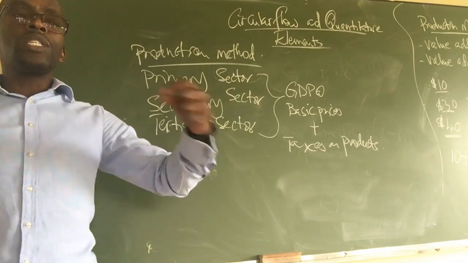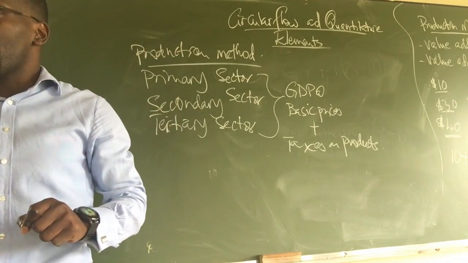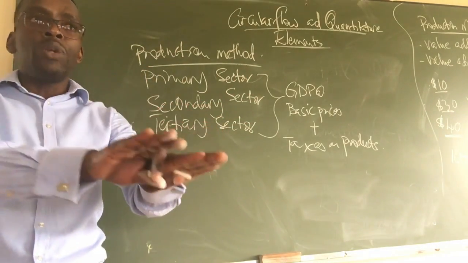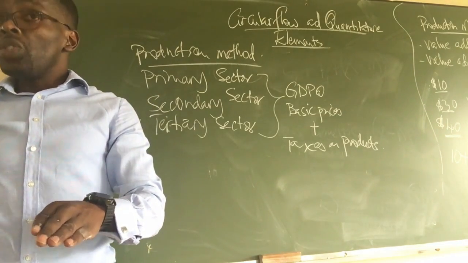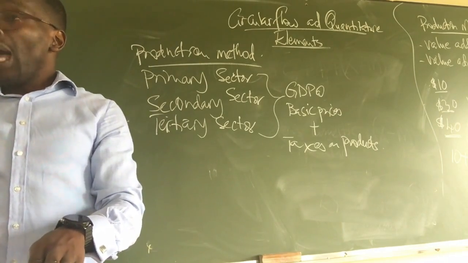Why? Because taxes on products, they increase the value of final goods and services. If the government adds some tax on products like a value added tax, it increases the value. Do you understand? So we are going to increase the value. Right.